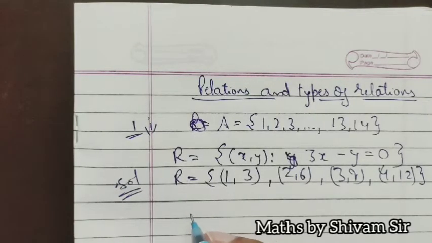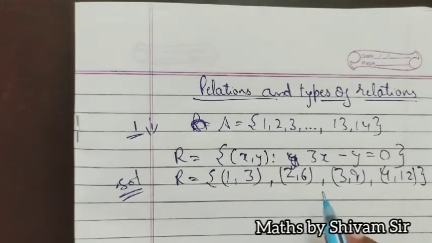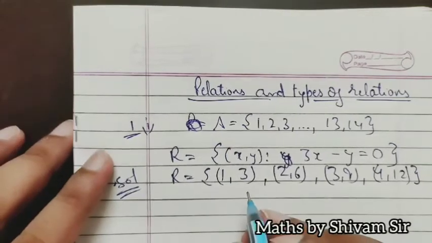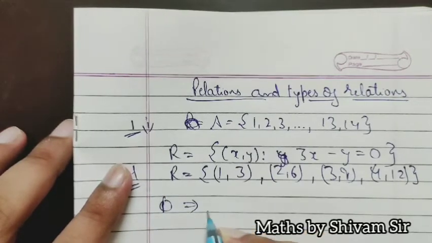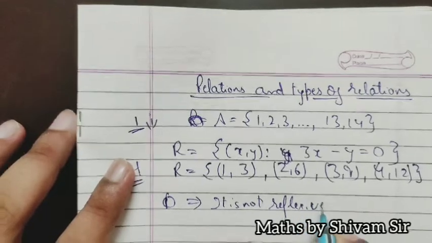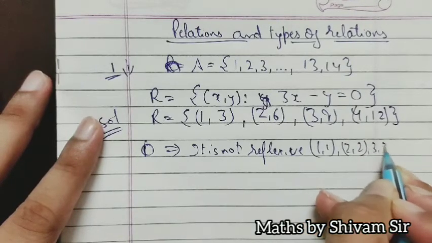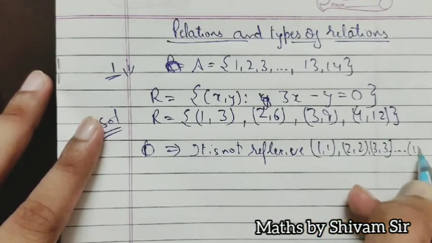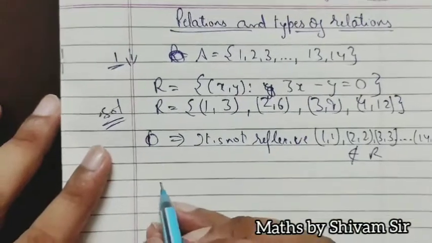So let's check if it is reflexive or not. Reflexive means all elements should be related to themselves, like (1, 1) should be there, (2, 2) should be there, (3, 3). So do we have (1, 1), (2, 2), (3, 3), (4, 4)? No. Since we do not have (1, 1), (2, 2) up to (14, 14) in R, it is not reflexive.